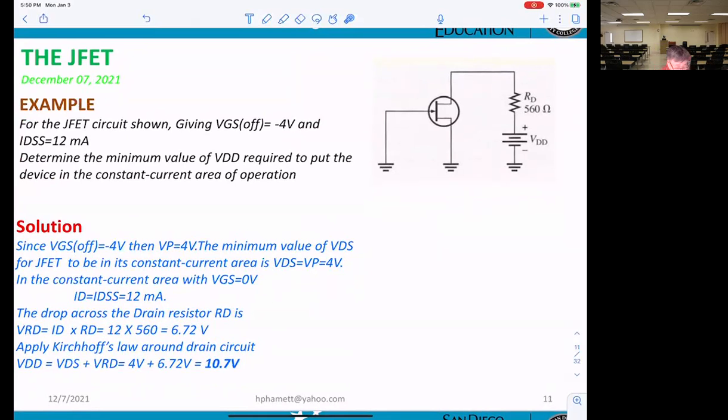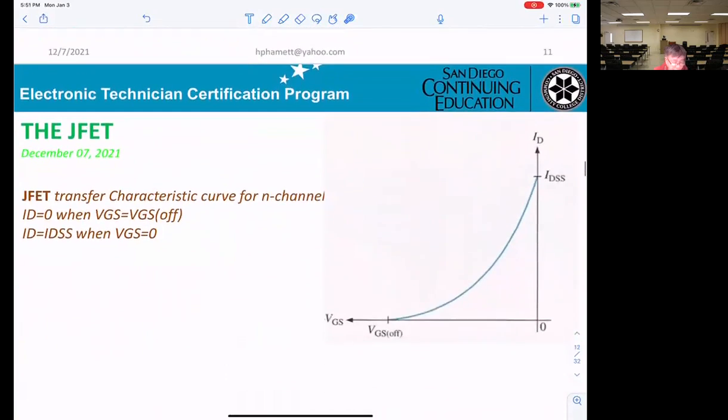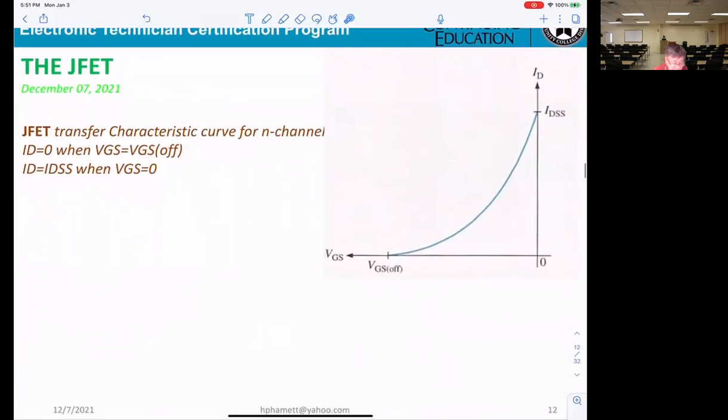They say for a JFET, given the circuit shown, they give you VGS off minus 4 volts and IDSS equals 12 milliamps. Okay, this one we already did, and we also have a solution. You can go to the solution if you don't understand, and let me know. I can help you out.